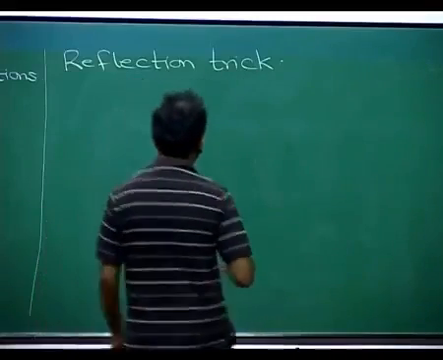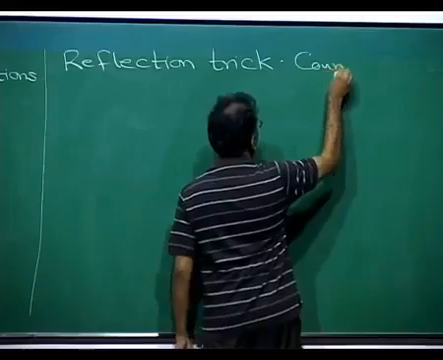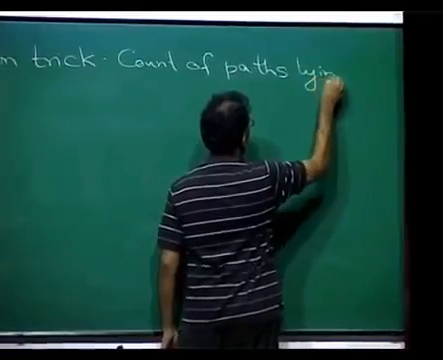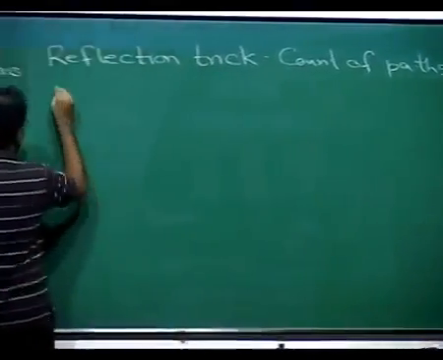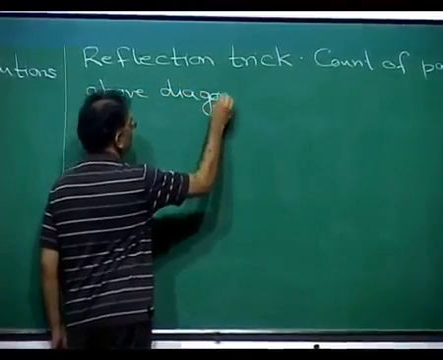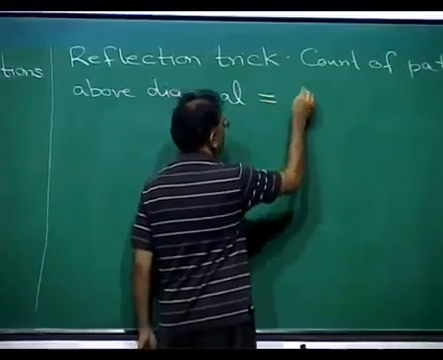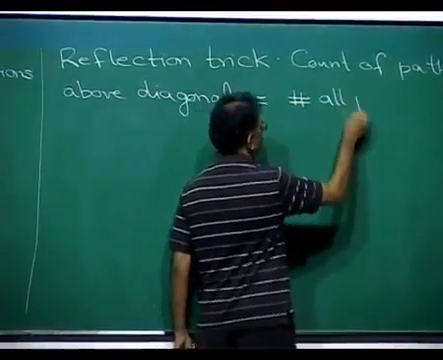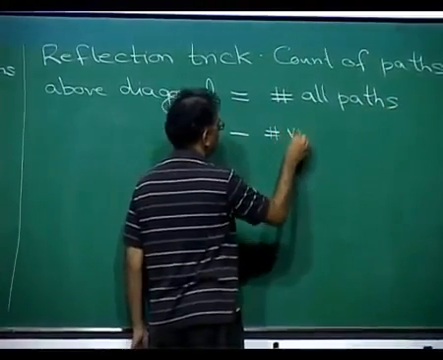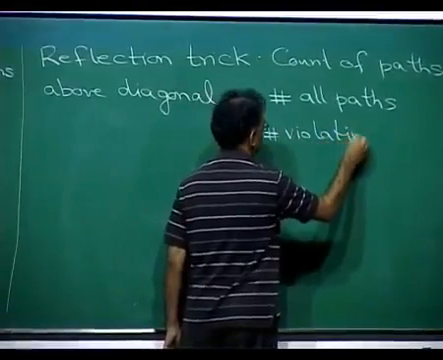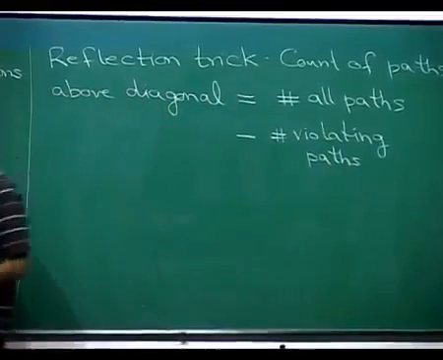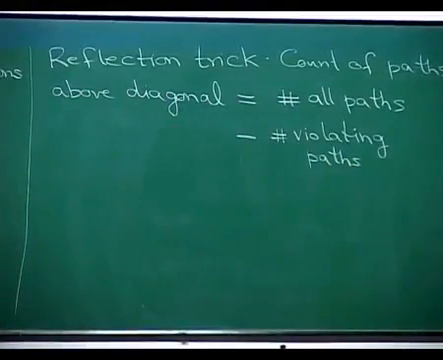So the reflection trick says the count of paths lying on or above the diagonal equals the number of all paths minus the number of violating paths. Violating paths means going below the diagonal at some place or the other.